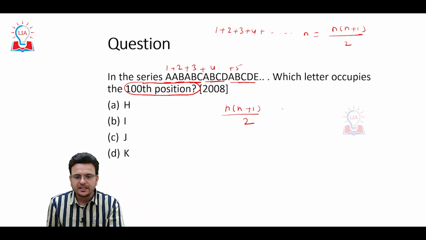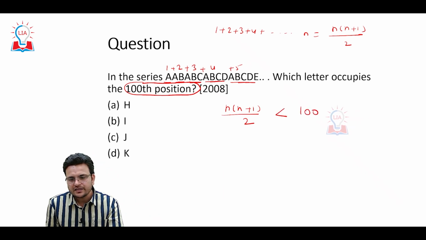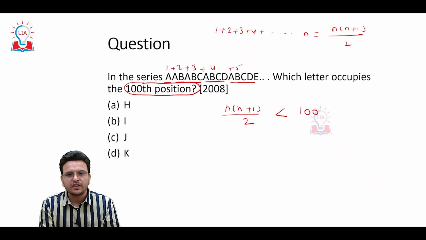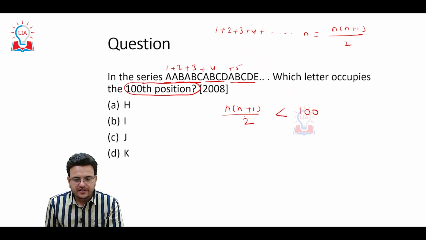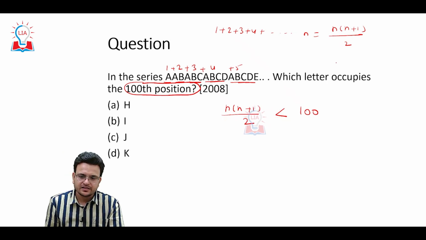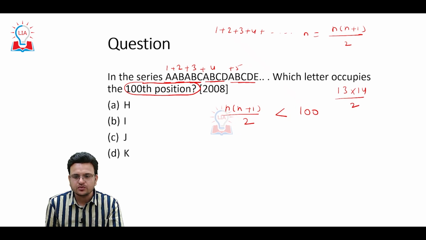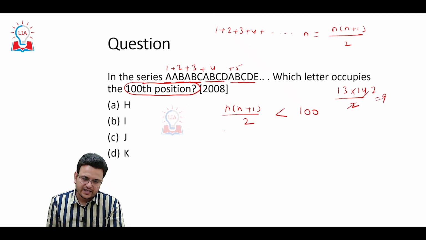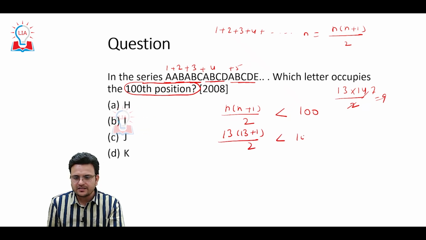We know it is nothing but the sum of natural numbers. It definitely will be less than 100. So what will be the value of n so that it is less than 100? We can say that if it is 13, then 13 into 14 by 2, 13 times 7, is 91. So n can be 13, and n into n plus 1 by 2 is less than 100.